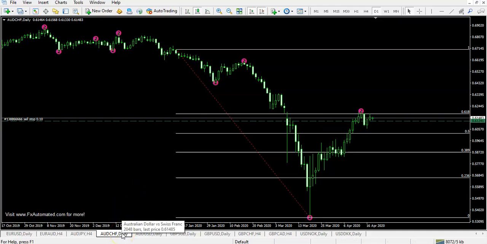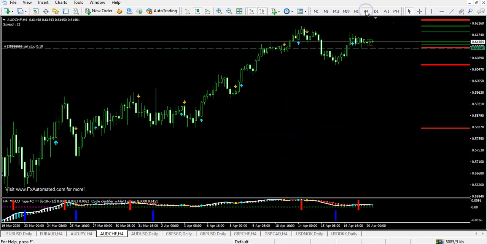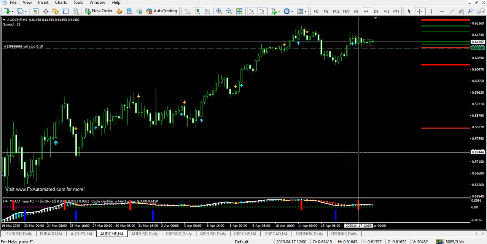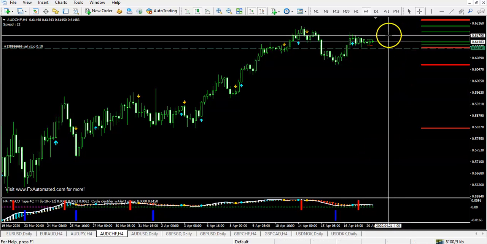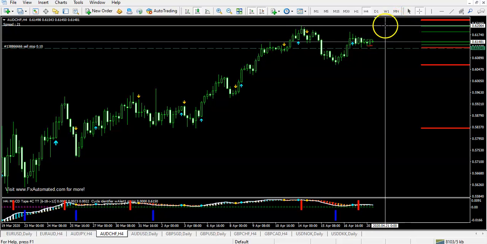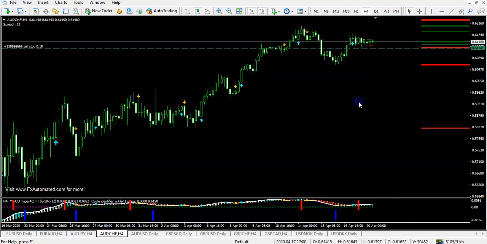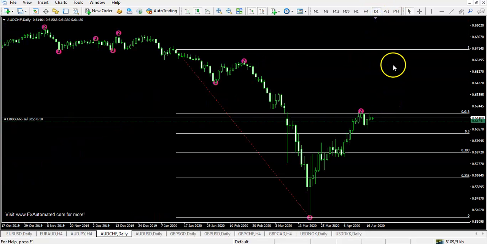The Australian dollar versus the Swiss, turn around right at the 618 level. It hasn't given all the signals, but it is looking nice. It could shoot up and just skyrocket some more, and all this will just retrace.